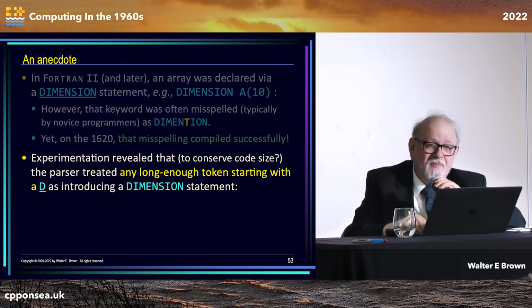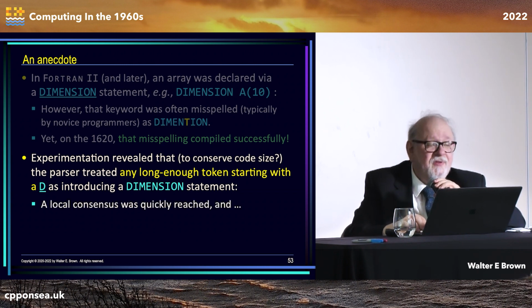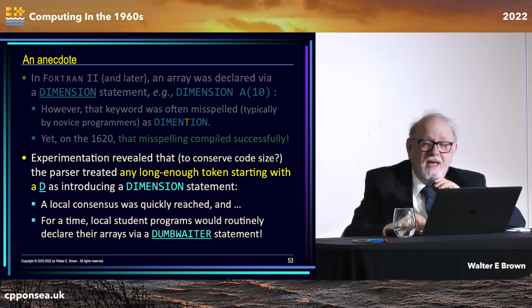So a whole bunch of the student body got together and a consensus was very quickly reached. And there was a time period when local student programs would routinely declare arrays using what was called a dumbwaiter statement. It's sufficiently long, it starts with a D. One of those programs escaped our environment. Somebody had a research computer program that he shared with a colleague at another institution across the country.